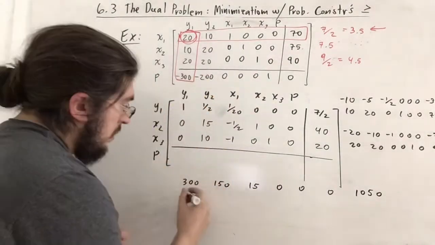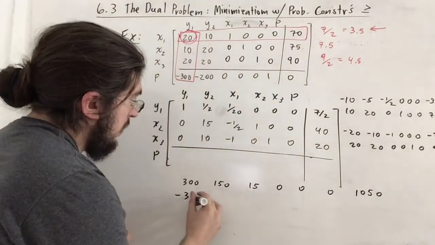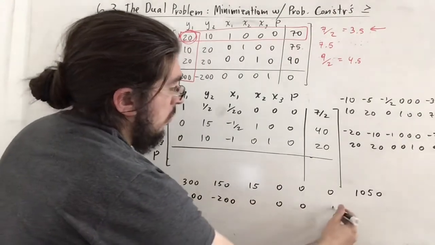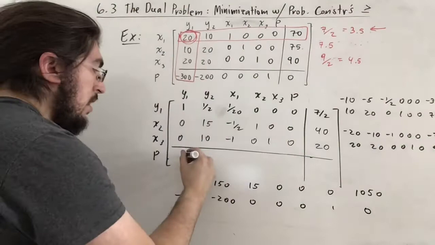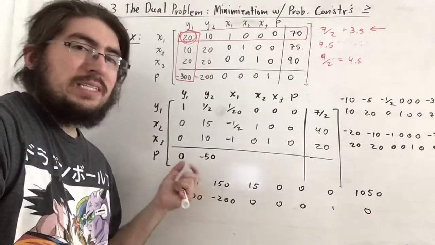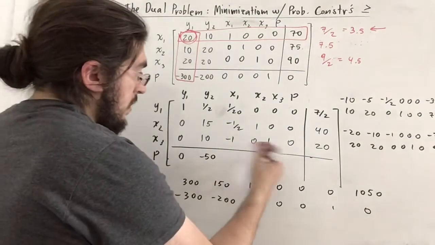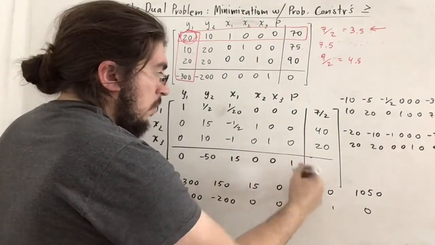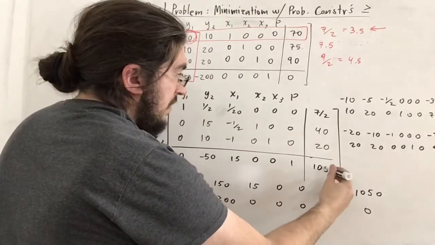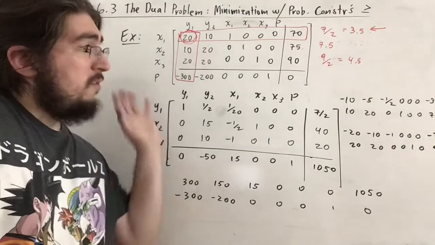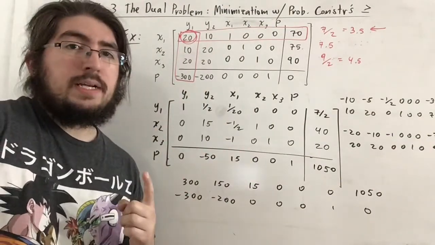And then the original last row is negative 300, negative 200, 0, 0, 0, 1, 0. Adding these will leave us with 0, negative 50. Oh, the negative hurts because that means we got to do a pivot once more. 15, 0, 0, 1, and then those add to 1050, of course. Perfect. I ran out of space though, so I'm going to have to erase this, shift this up, and one more pivot to go. All right, great.